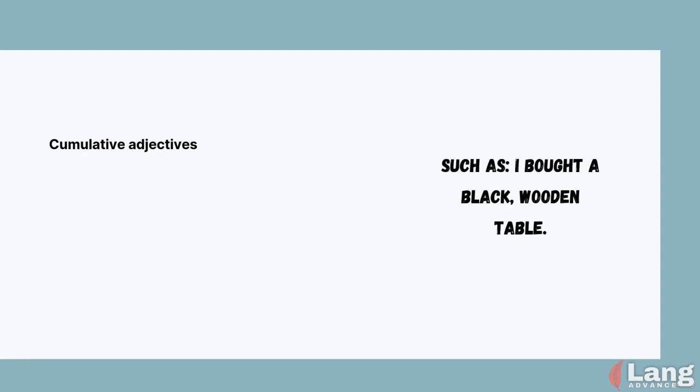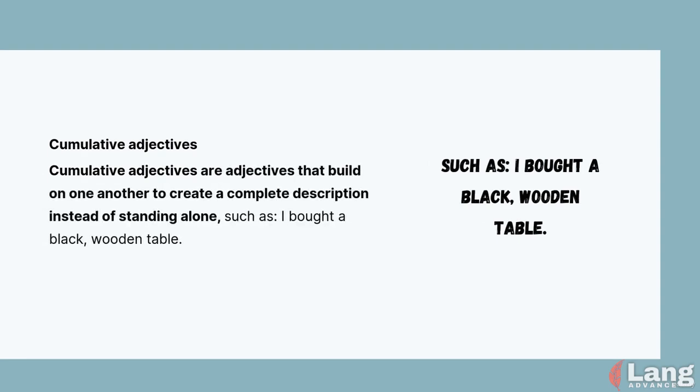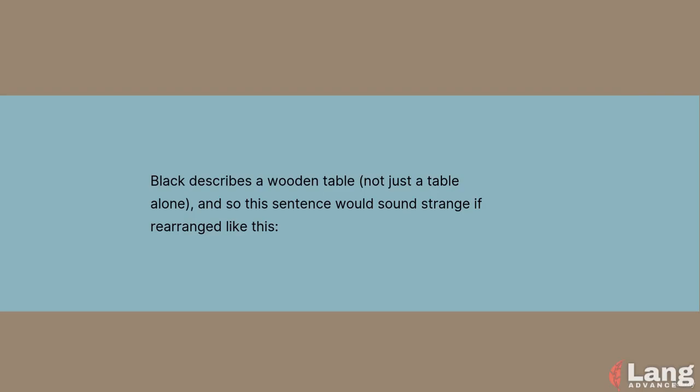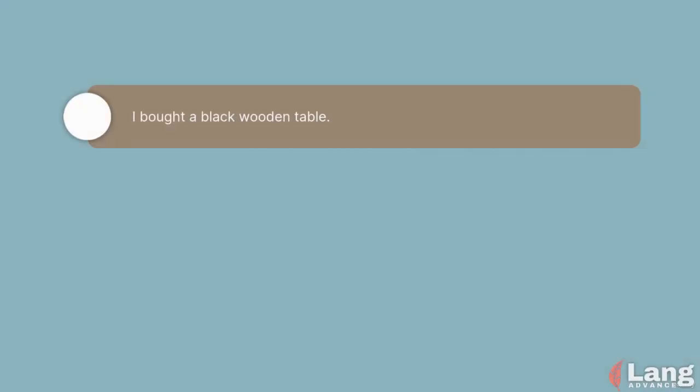Cumulative adjectives. Cumulative adjectives are adjectives that build on one another to create a complete description instead of standing alone, such as I bought a black wooden table. Black describes a wooden table, not just a table alone, and so this sentence would sound strange if rearranged like this: I bought a wooden black table.